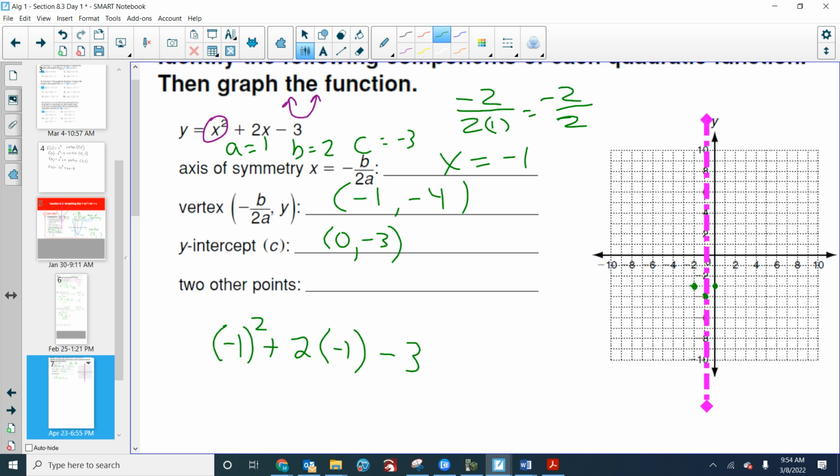Okay, I need one more point. Let's pick, and I don't want to deal with the negative number, isn't this 1 right here? X value is 1. And it's easy to deal with, right? So let's put 1 in here. So go 1 squared plus 2 times 1 minus 3. Go ahead and put that in your calculators, or you can probably do it in your head.